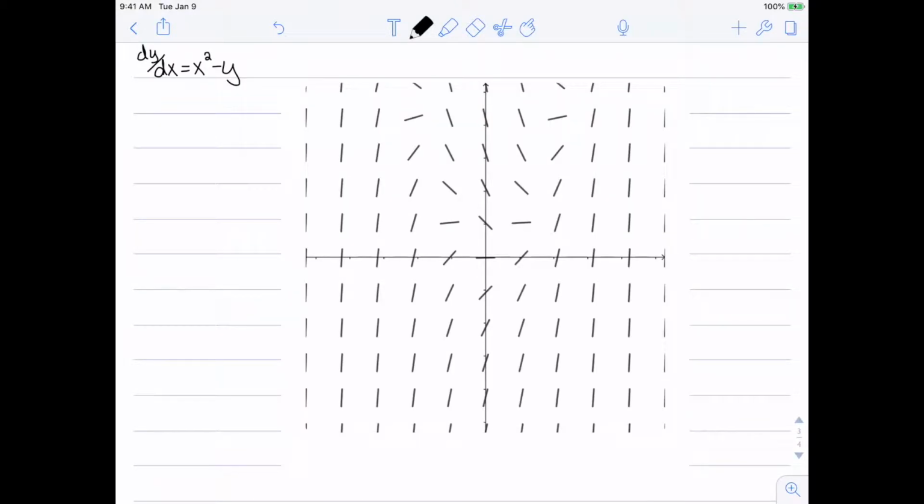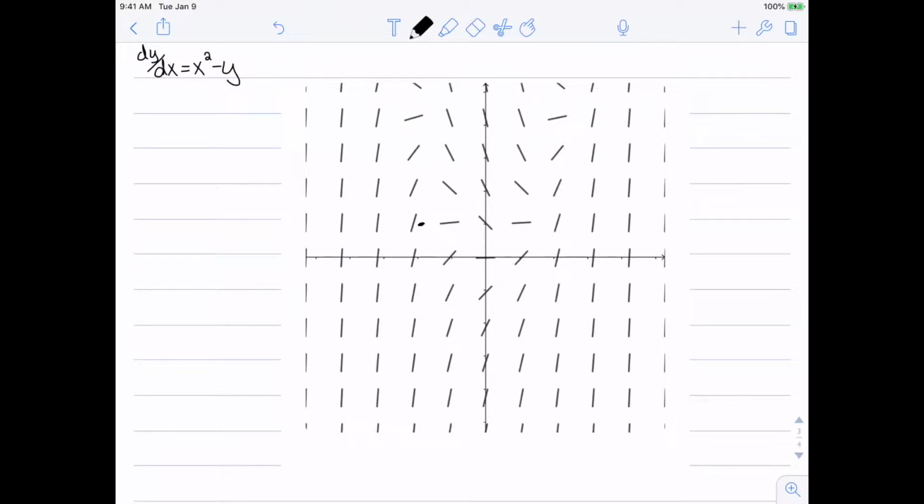Here's the example we were considering earlier, the derivative is equal to x squared minus y. We said at the point -2, 1, it had to have a slope of 3. So if I look at the point -2, 1, we should see approximately a little segment of slope 3.